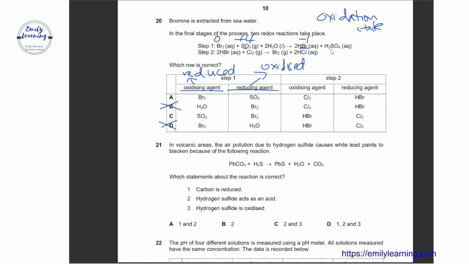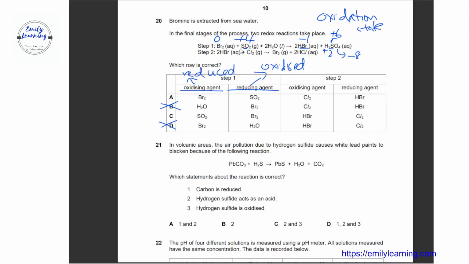Okay, so now let's take a look at this. Each H has an oxidation state of +1, so 2 of them will be +2. Each O has an oxidation state of -2, so 4 of them is -8. So sulfur must have an oxidation state of +6, so that the sum of the oxidation states adds up to 0.